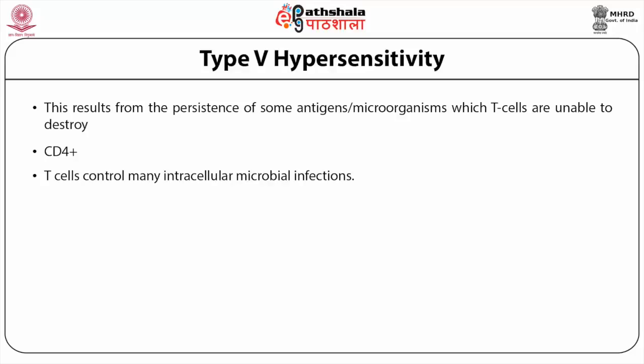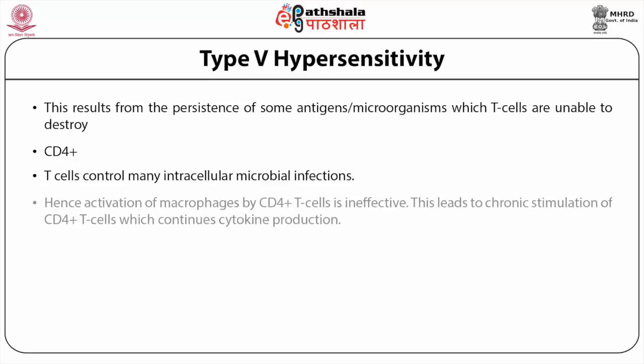These consist of modulation of MHC class II synthesis, trafficking and expression, and inhibition of antigen processing for presentation by MHC class II protein. Hence, activation of macrophages by CD4 positive T cells is ineffective. This leads to chronic stimulation of CD4 T cells, which continues cytokine production.